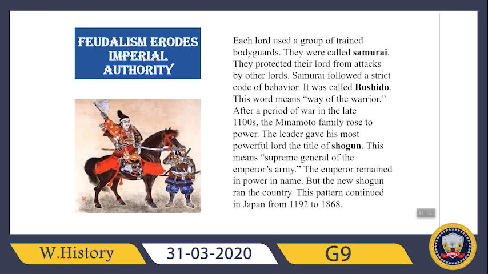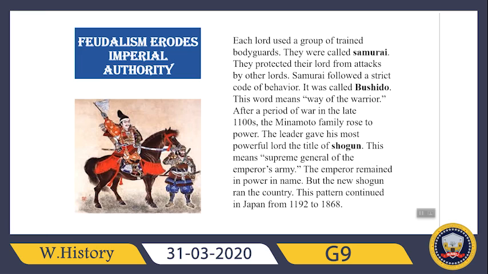Now I'm going to explain a few things like Samurai, Bushido and Shogun. You will come to know about these terms in detail. Each lord, like we just read how they terrorized those poor farmers, those wealthy landlords who lived away from the capital, used a group of trained bodyguards, just like we have bodyguards nowadays.